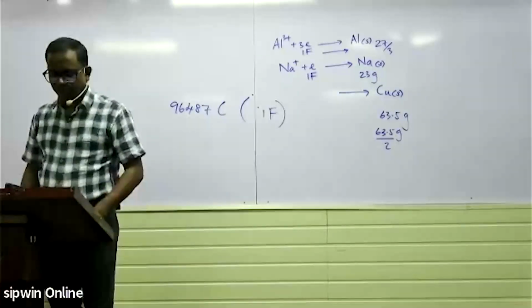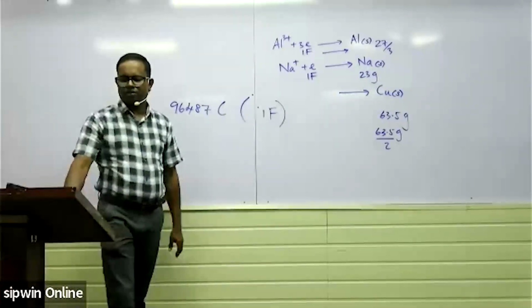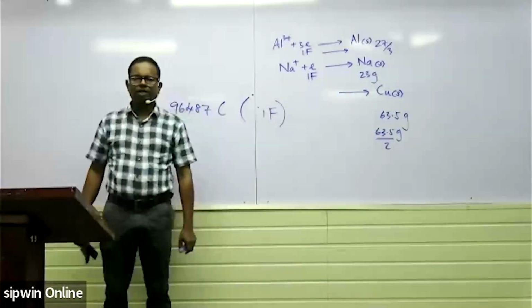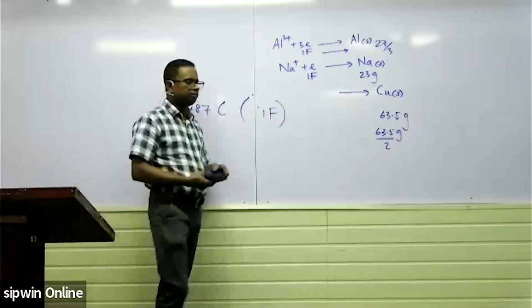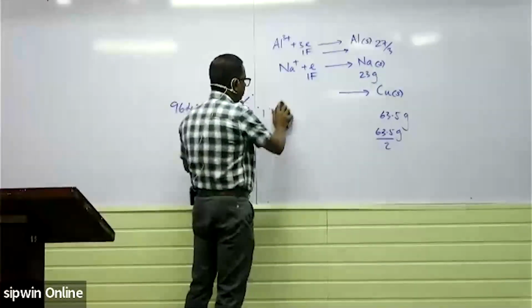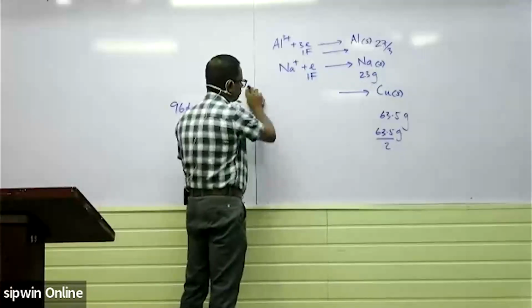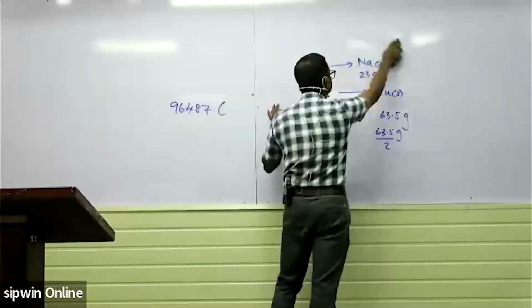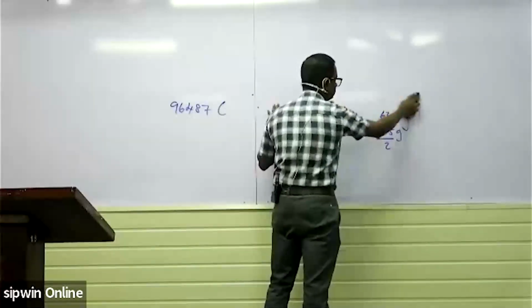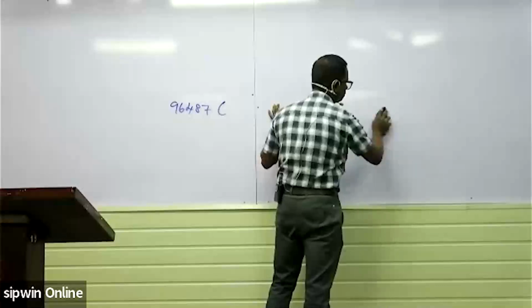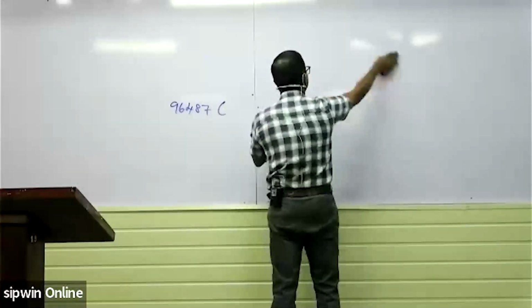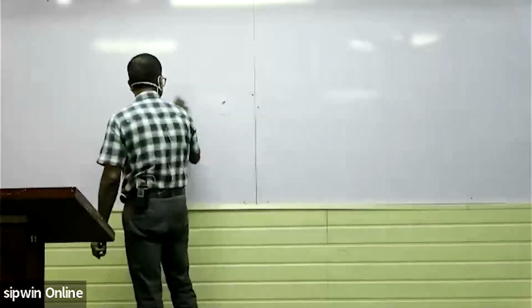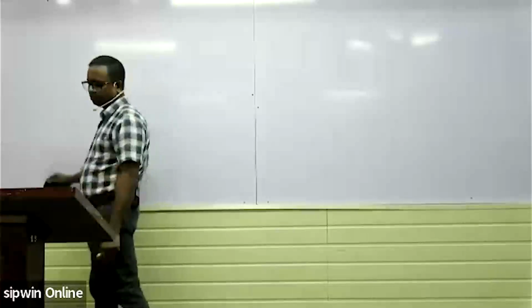When this much of coulombs, 1 Faraday, close bracket, of electricity is passed through an electrolyte solution.